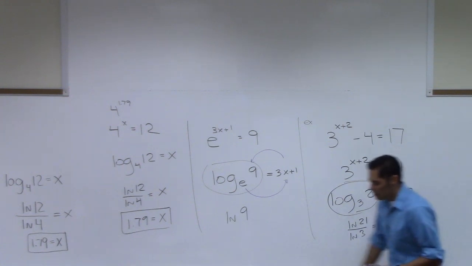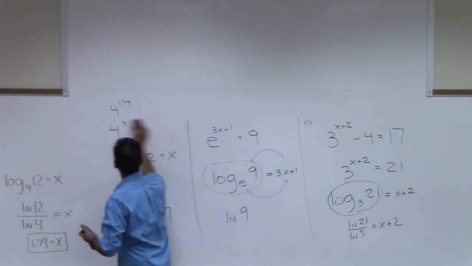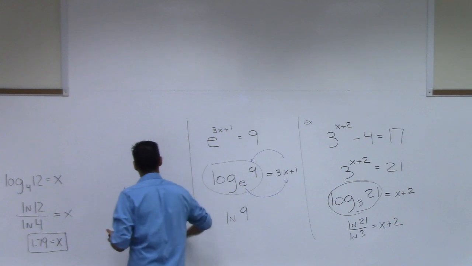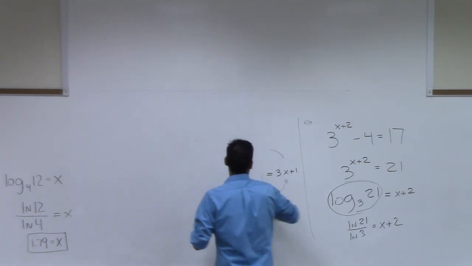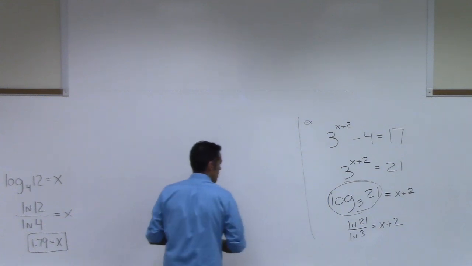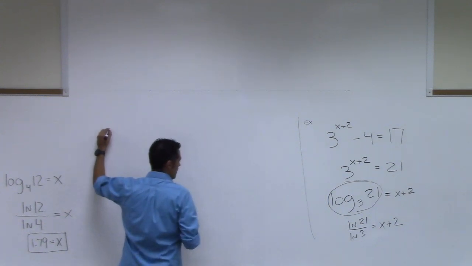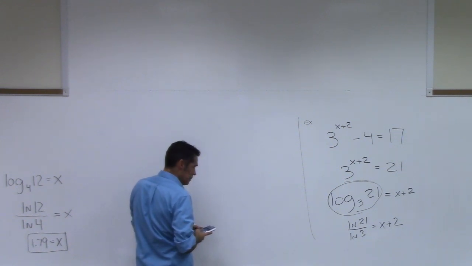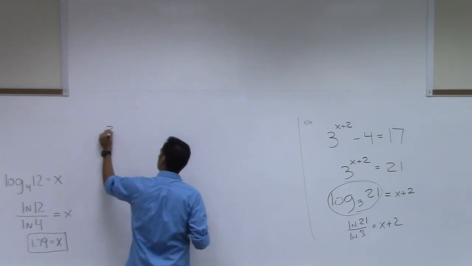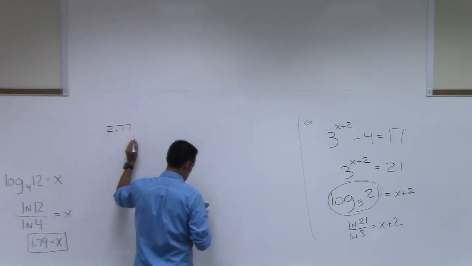So we have to use our calculator now. I'm going to erase this. So we have natural log of 21, natural log of 3. I'm getting on the left side there 2.771.